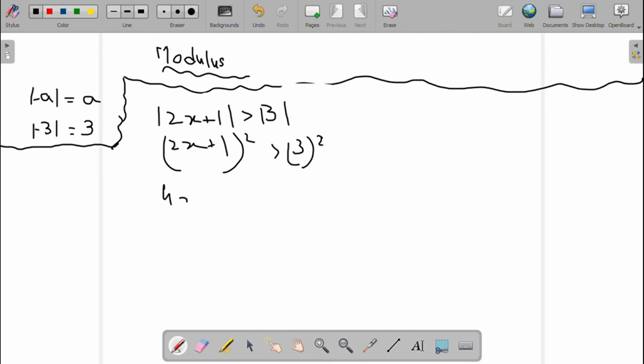When you expand, 4x squared plus 4x plus 1 greater than 9. So 4x squared plus 4x, 1 take away 9, negative 8, greater than 0. Let me just use my calculator.